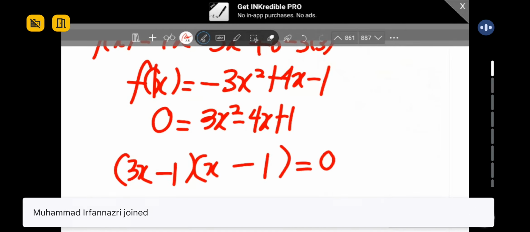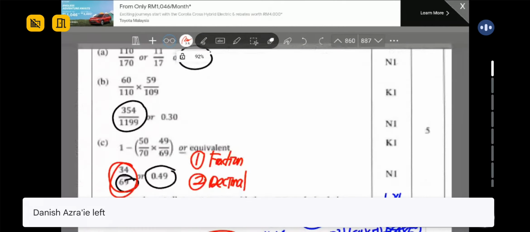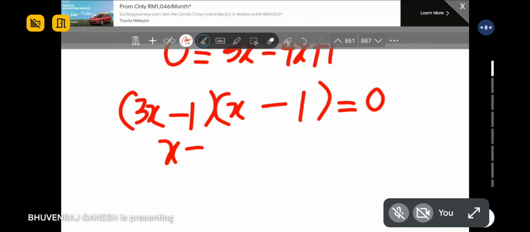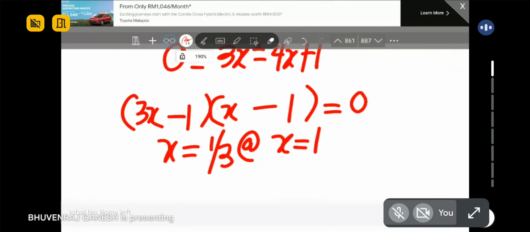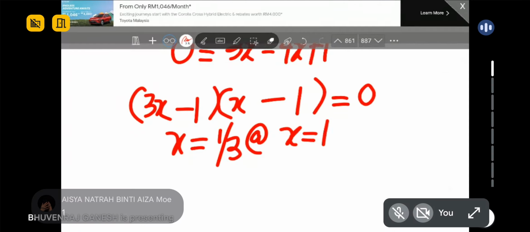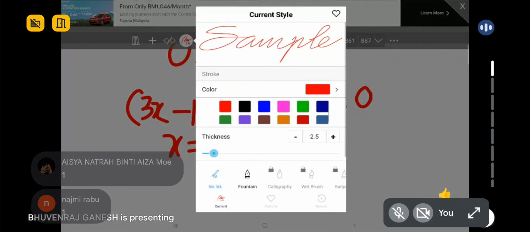Alright? So x equal 1 over 3. Sorry. Wait, guys. x equal to 1 over 3 and x equal to 1. So guys, which one is the answer? May I know? Apa jawapan dia sekarang? 1 ataupun 1/3? Which one is the correct answer? 1 over 3 or 1?